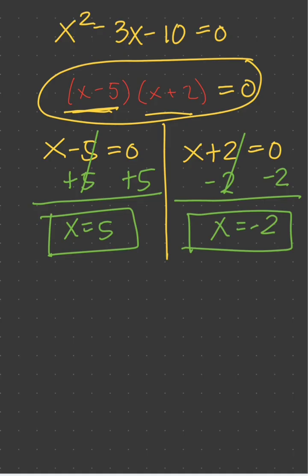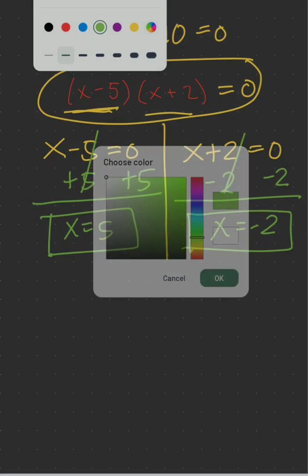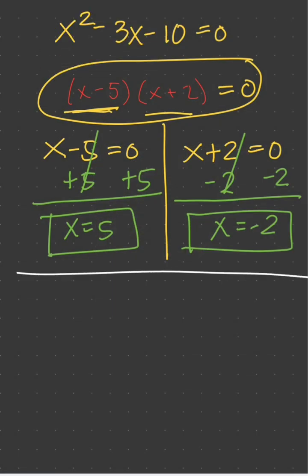Number 3. The equation k x squared plus 3x plus 1 equals 0 has exactly one solution, and find the value of k. Okay.